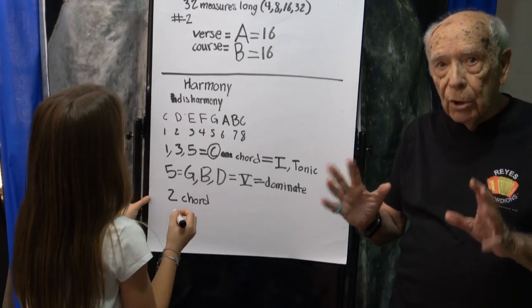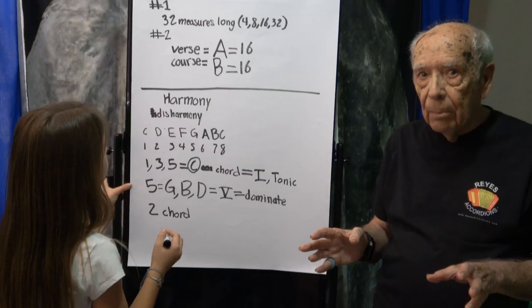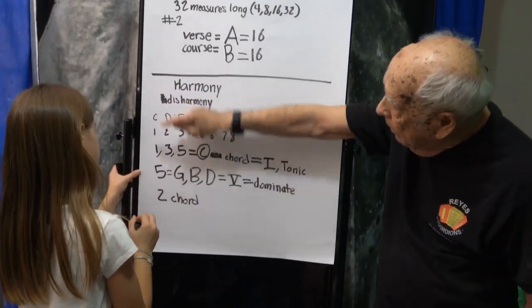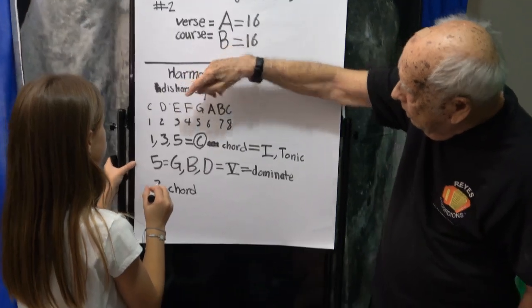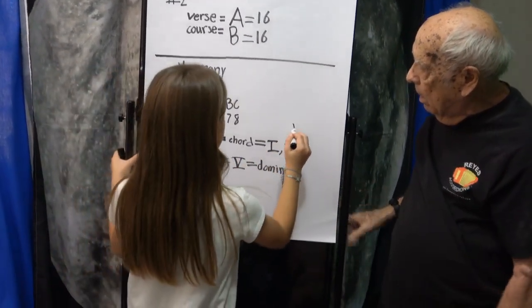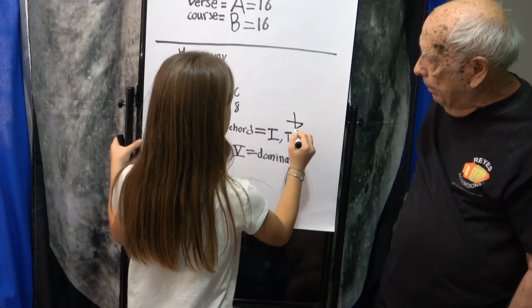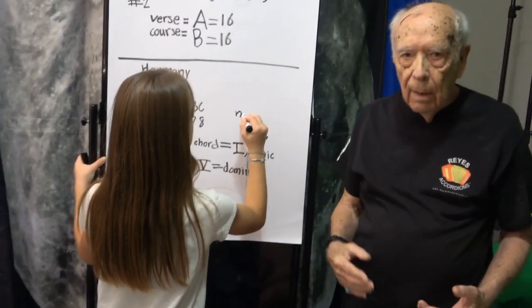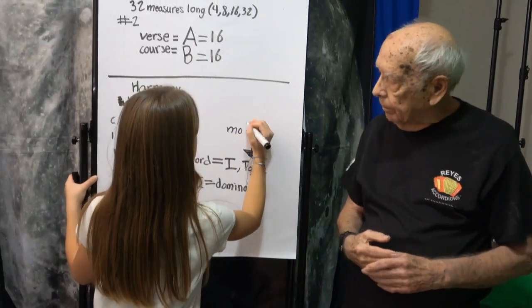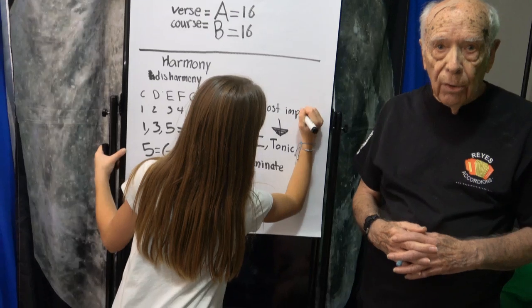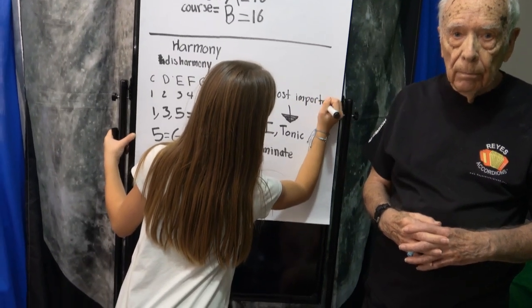So, for your guitar player and your harmony people, all they have to learn, the first important one, where is tonic? Somehow here, write an arrow down here. Most important. Right, most important. That song must end in that chord and that note.